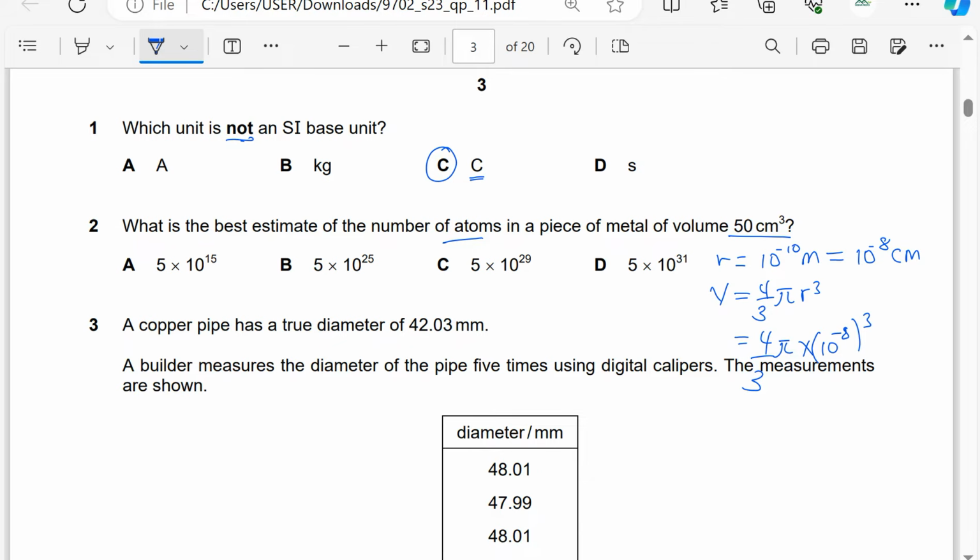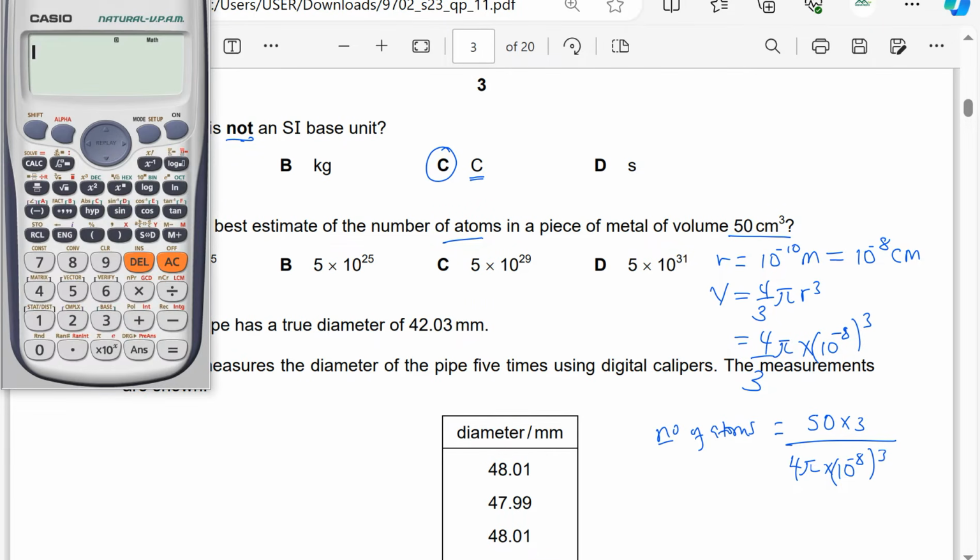So if I want to find how many atoms are in the volume of 50, I will divide 50 by this volume. So the number of atoms is going to be 50 divided by this, the 3 goes up, so it is times 3. In the denominator, it is 4 pi times 10 power minus 8, raised to power 3.